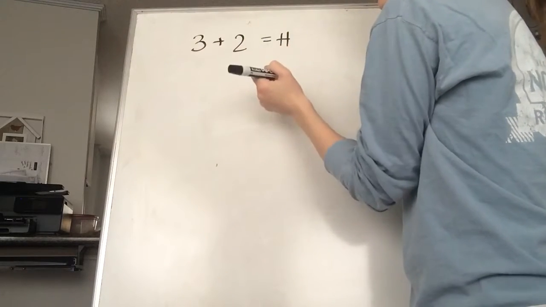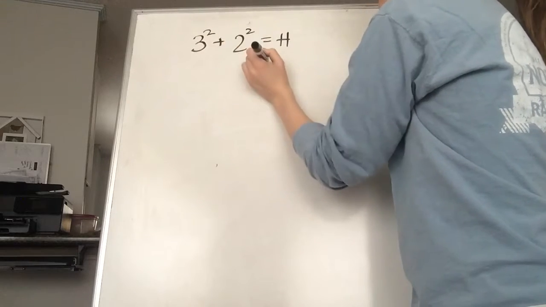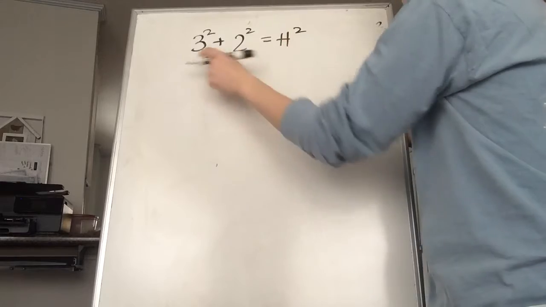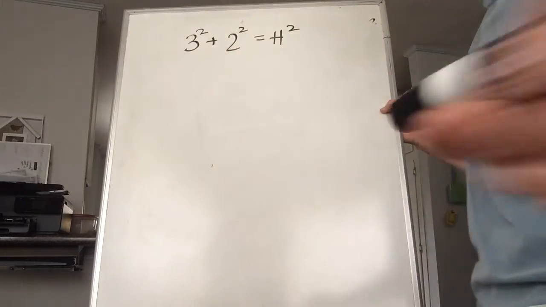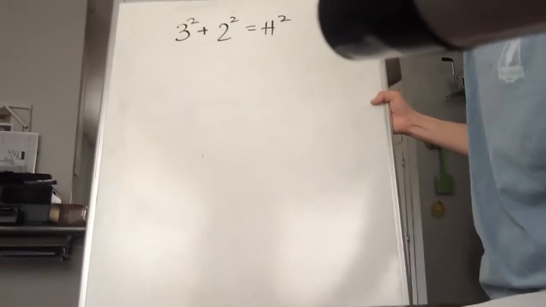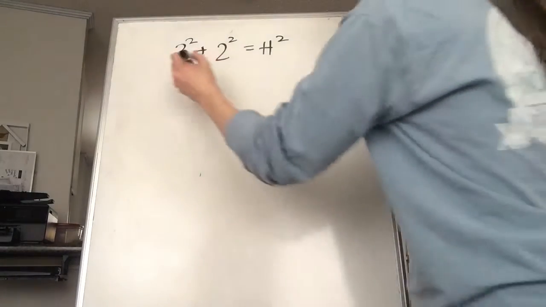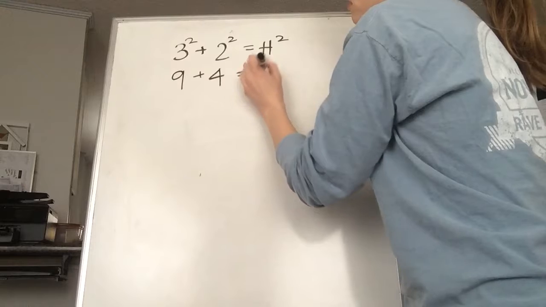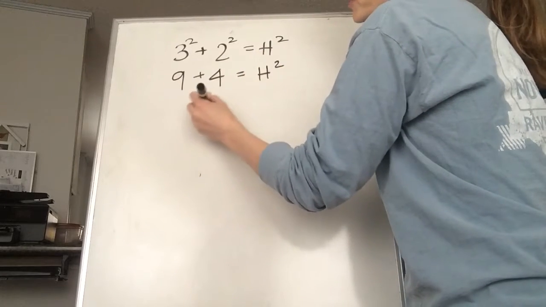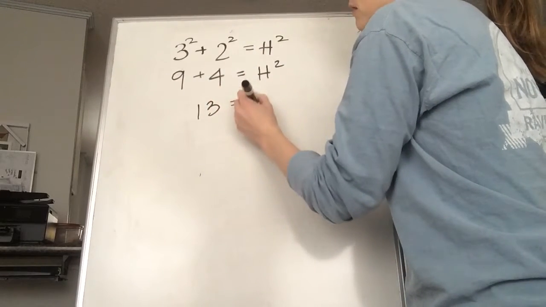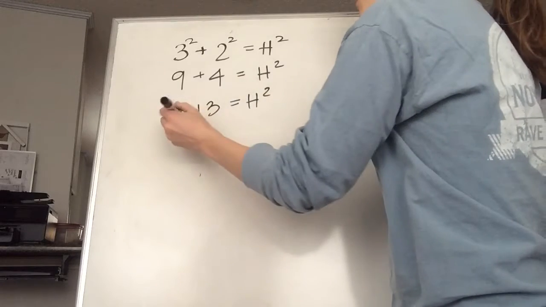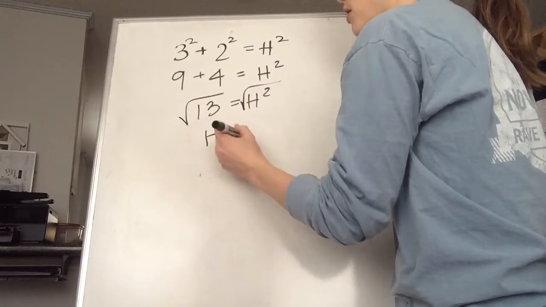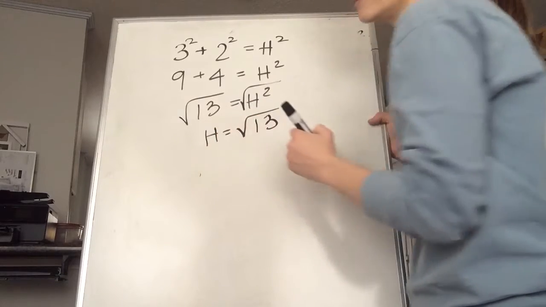We're going to plug it into our Pythagorean theorem. 3 squared plus 2 squared is equal to hypotenuse squared. 3 squared is equal to 9. 2 squared is equal to 4. So 9 plus 4 is 13. To solve for that, you take the square root of each side. So the hypotenuse is equal to the square root of 13.